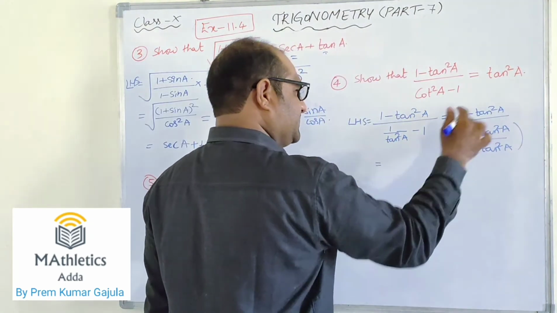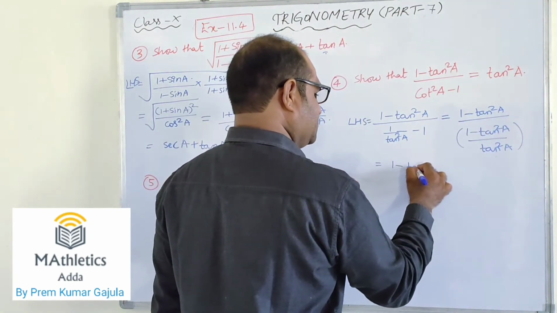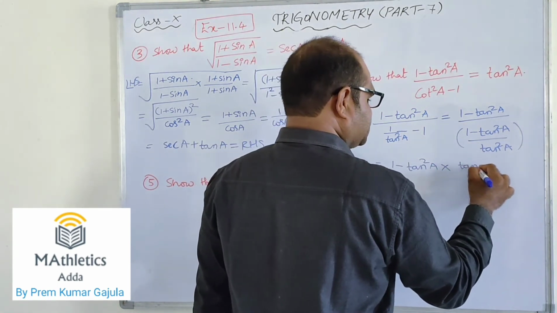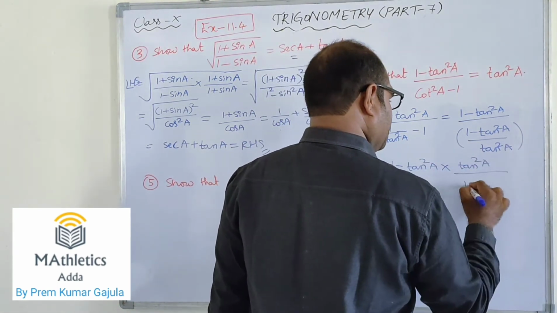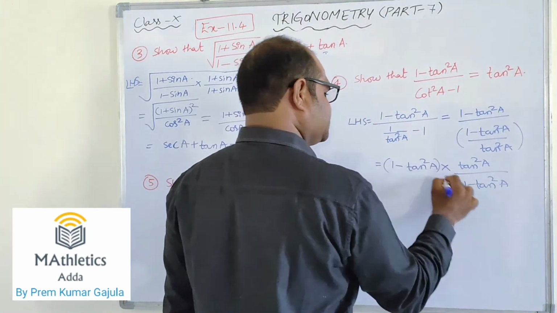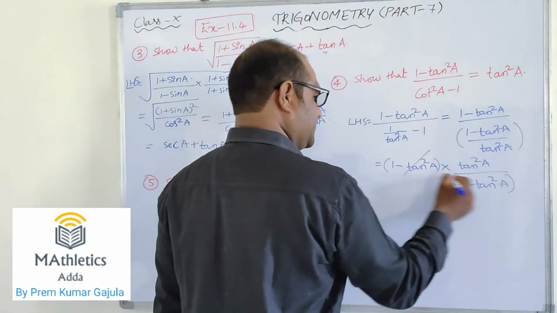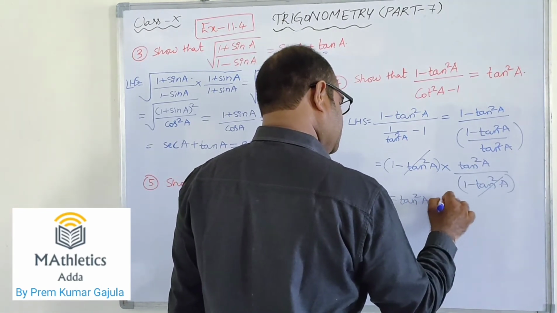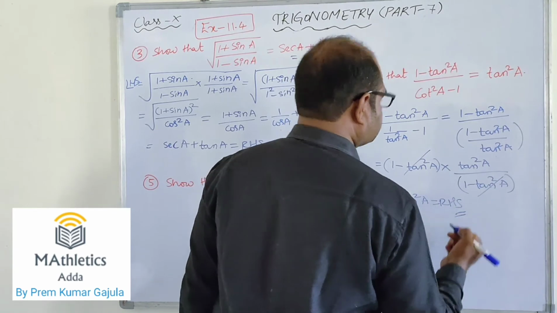And the denominator fraction becomes reciprocal, that is 1 minus tan square A into tan square A by 1 minus tan square A. And if you observe here, 1 minus tan square A, 1 minus tan square A get cancelled, you will get tan square A, that is RHS.